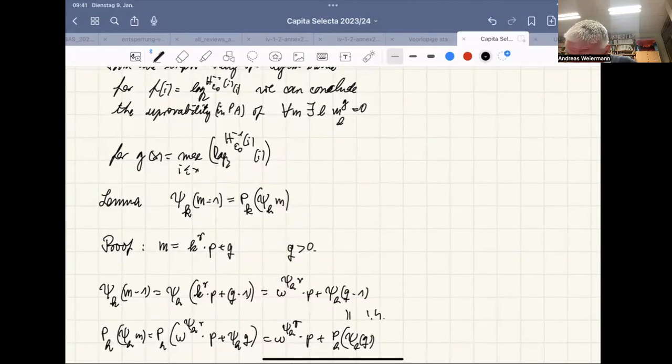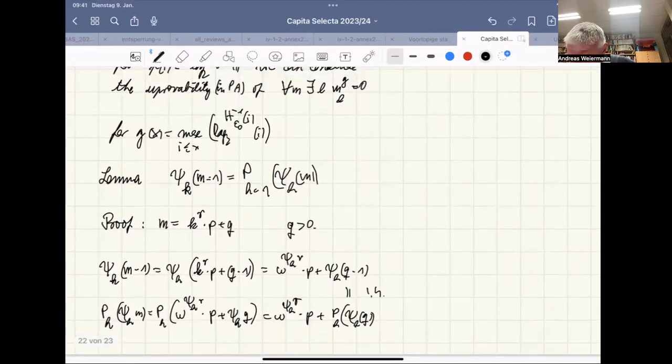So I have to change the claim slightly. I have to see what this means. So I plug in here pk minus 1, ck of m. So is this a problem?